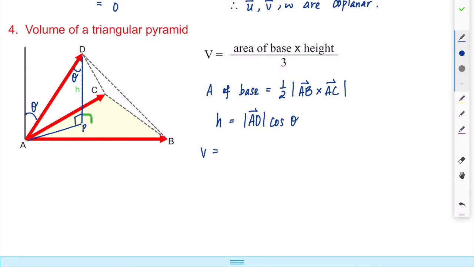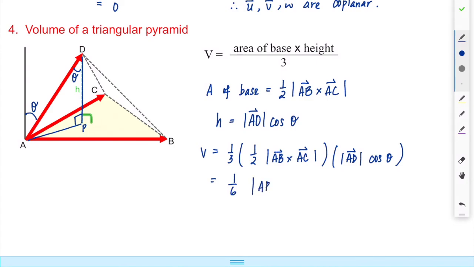I have 1/3 times 1/2 magnitude of AB cross AC times AD cos theta. So once again, I notice I have magnitude of a vector times magnitude of a second vector cosine theta.